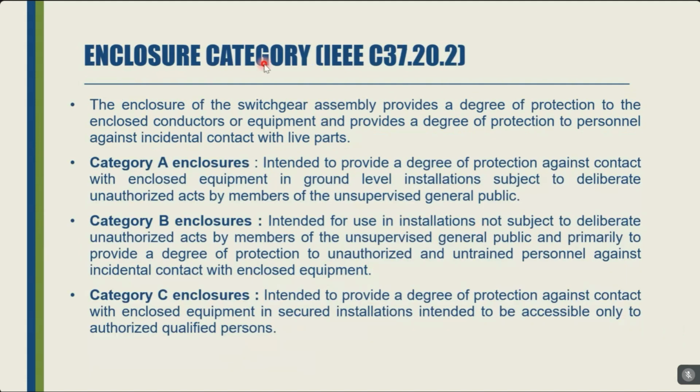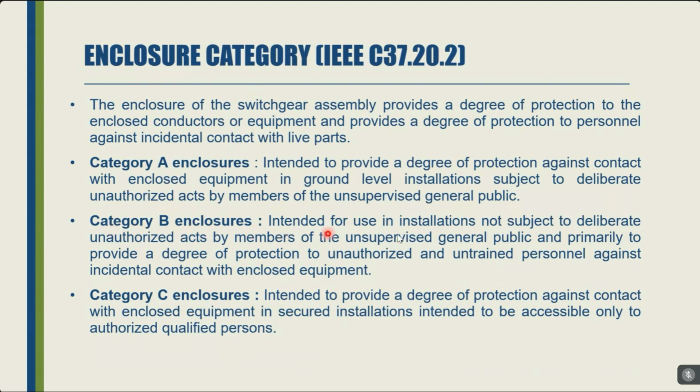Now, the enclosure category which I was defining. Enclosure category defines the degree of protection that the enclosure provides to enclosed conductors or equipment, to safeguard personnel during accidental contact with live parts. First of all, category A enclosures are intended to provide a degree of protection against contact with enclosed equipment in ground level installations, subject to deliberate unauthorized acts by members of the unsupervised general public.